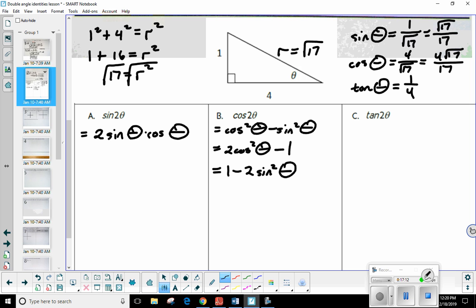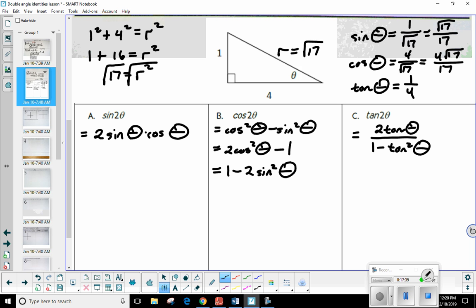They all equal the same thing. So it is always your choice, whichever one of those 3 for cosine 2 theta you want to use. And I'll prove that to you in just a second. And then for tangent of 2 theta, we just got 2 tangent of theta divided by 1 minus tangent squared of theta. So these are the new identities that I'm introducing to you today.